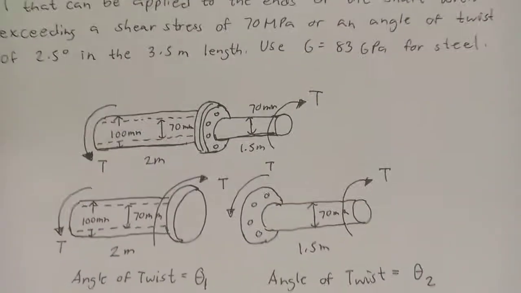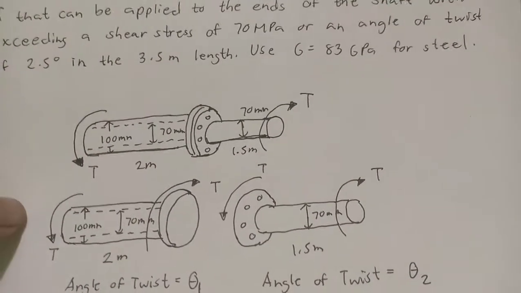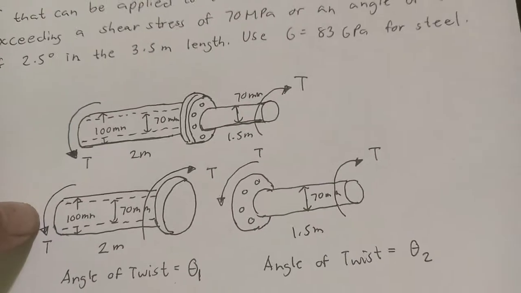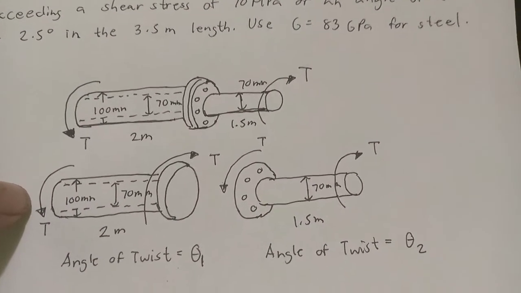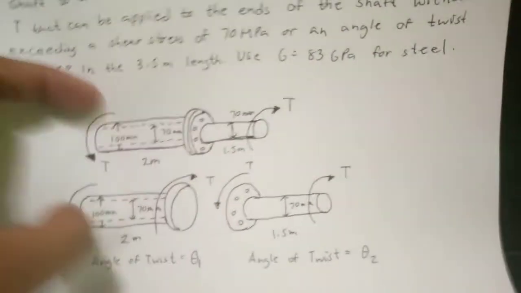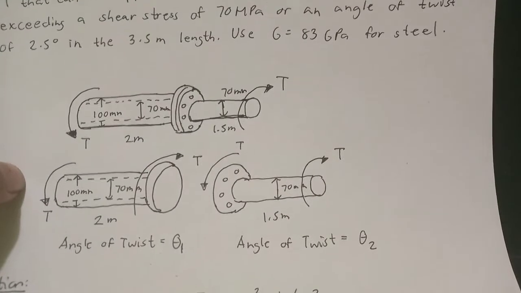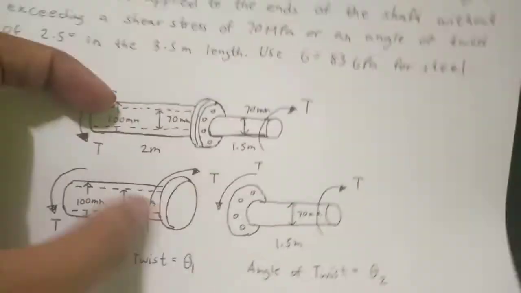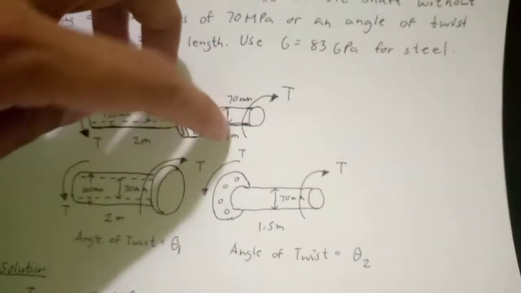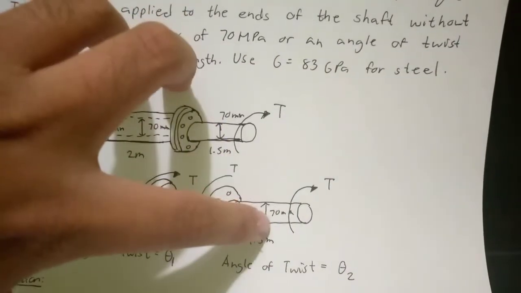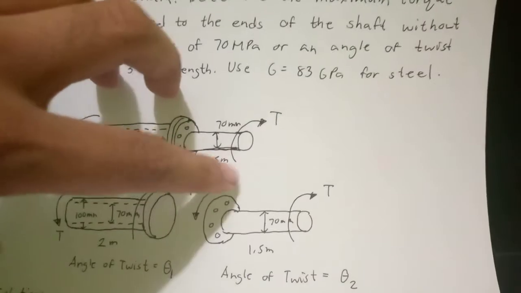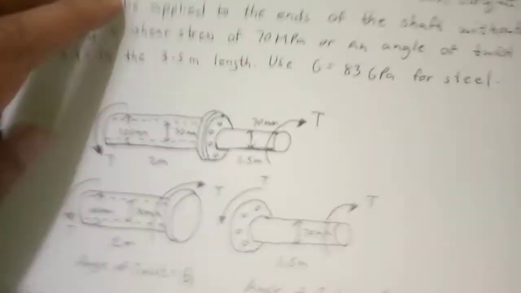So here we divide it into two. The first one is a hollow shaft. Since this is T, this should also be T, so that it will be in equilibrium. If there is a T in that direction, there will be a T in a different direction.